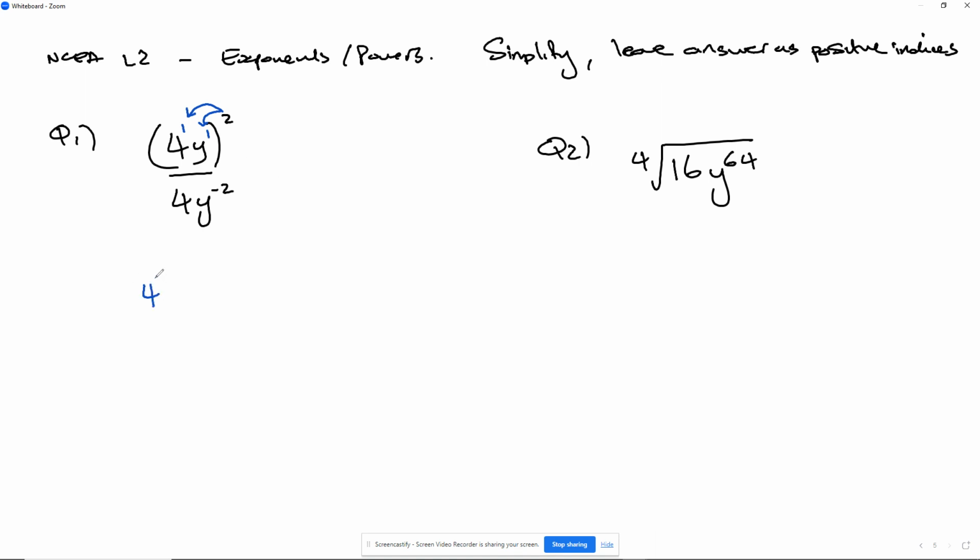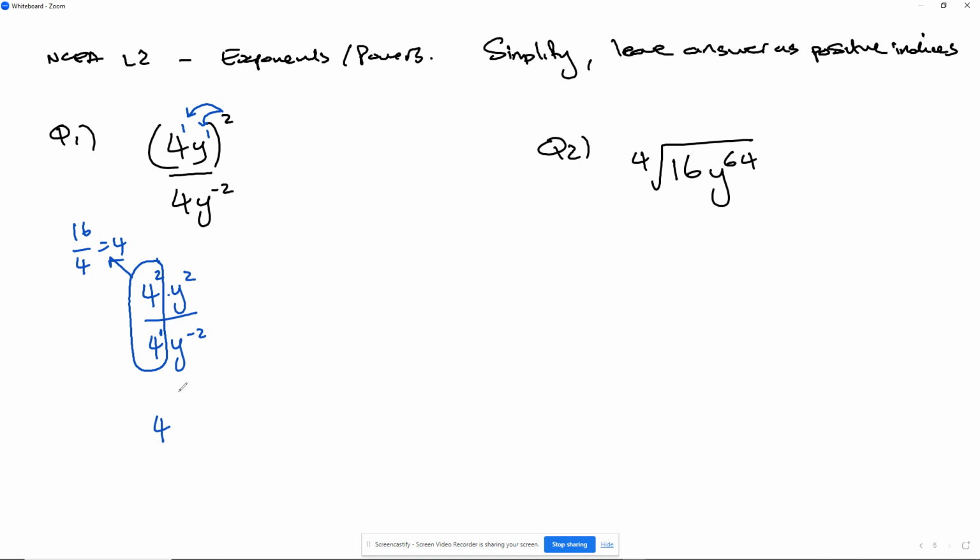So it's going to become 4 to the power of 2 times y to the power of 2. And at the bottom, I've got 4 and y to the negative 2. Now, looking at these two powers, I can see that I can subtract them. And I can also see that this is 16 divided by 4, which is 4. Or 2 minus 1, which is 1.